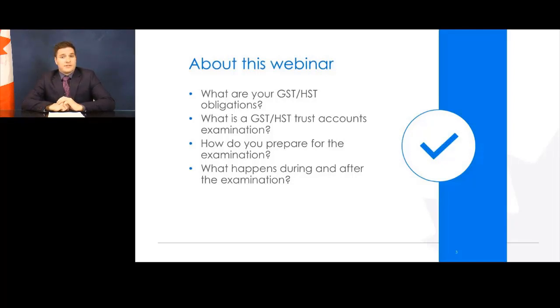If you have employees, the Canada Revenue Agency, or the CRA for short, can also conduct a payroll trust examination to make sure you have collected and remitted Canada Pension Plan, employment insurance, and income tax on behalf of your employees. You also have to file T4 slips.